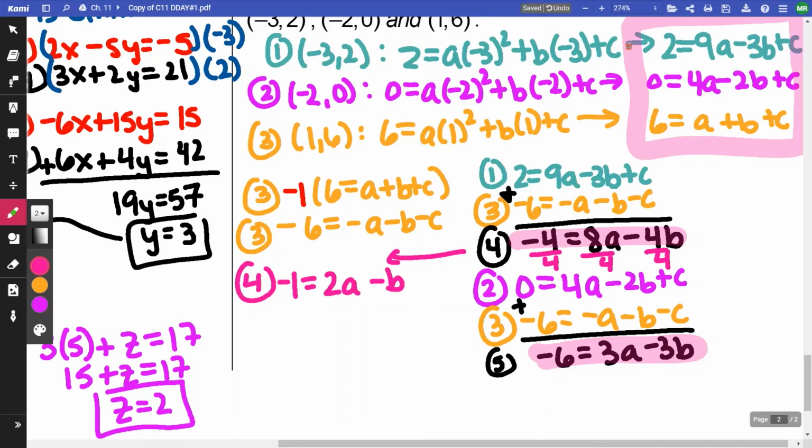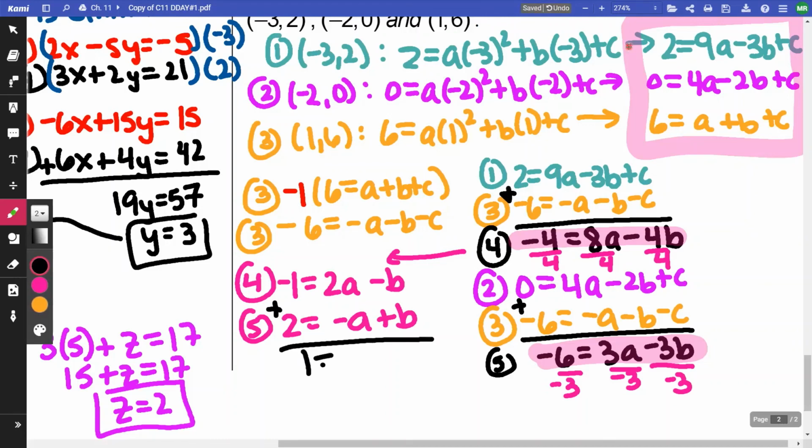For equation 5, I'm going to divide by 3, but I think I'm going to divide by a -3, because if I divide by a -3 for equation 5, I'm going to get 2 is equal to -a plus b. And now my b's will cancel out. Now I'm going to get 1 is equal to a. So I know my a is equal to 1.